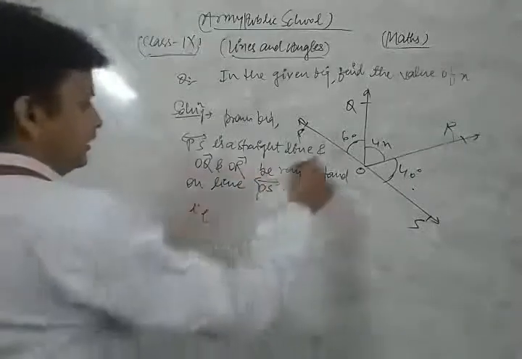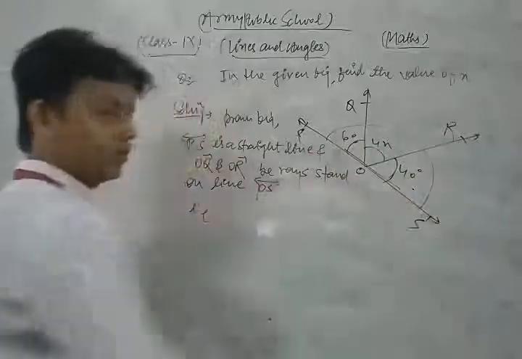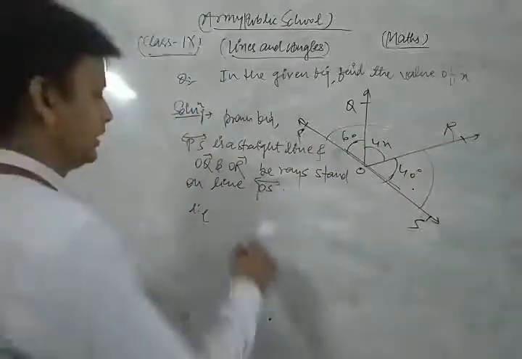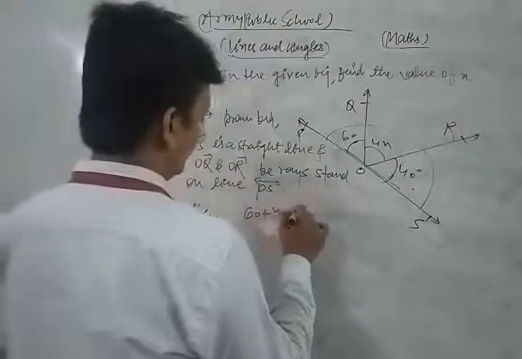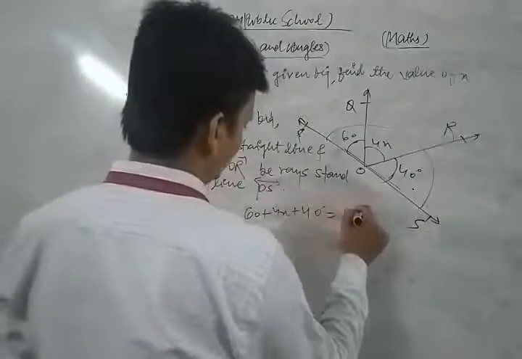That is, this is the straight line. The sum of their angles is 180 degrees. That is 60 plus 4x plus 40 is equal to 180.